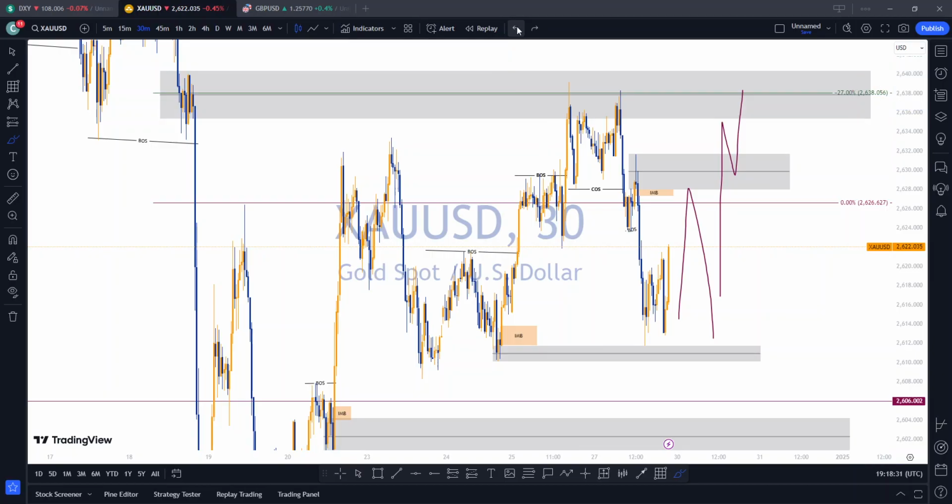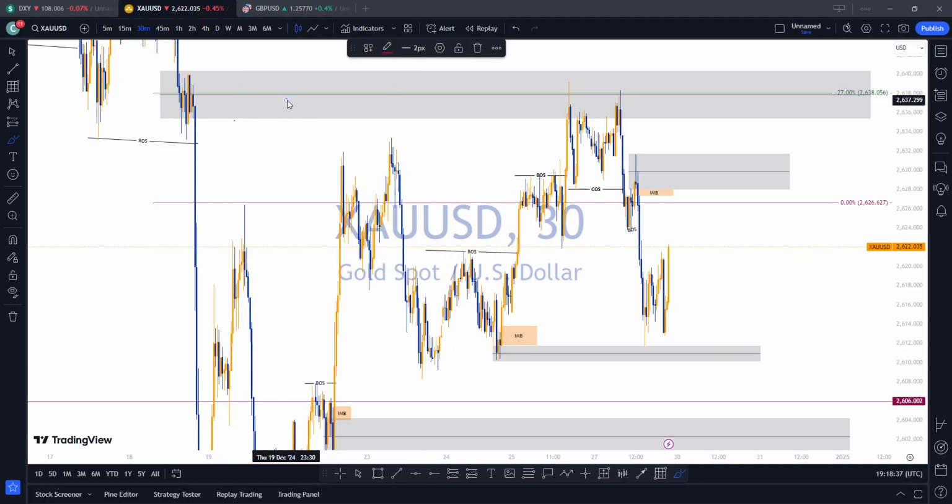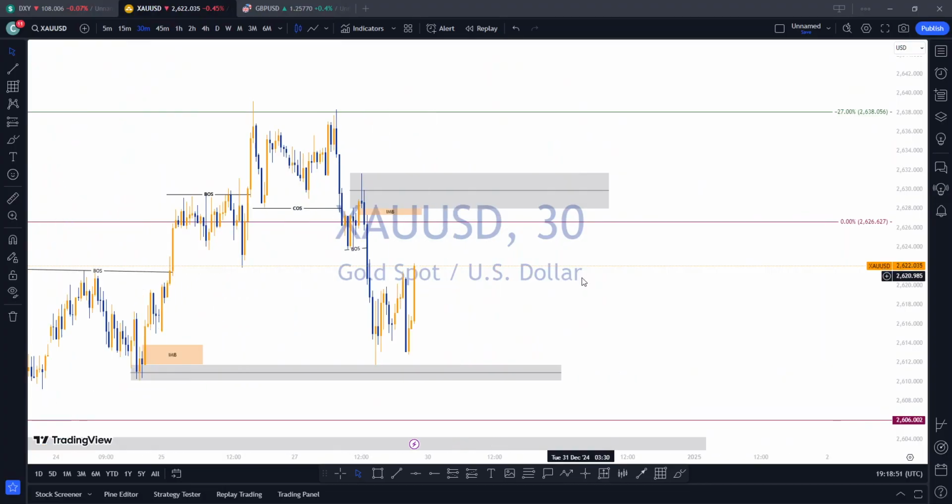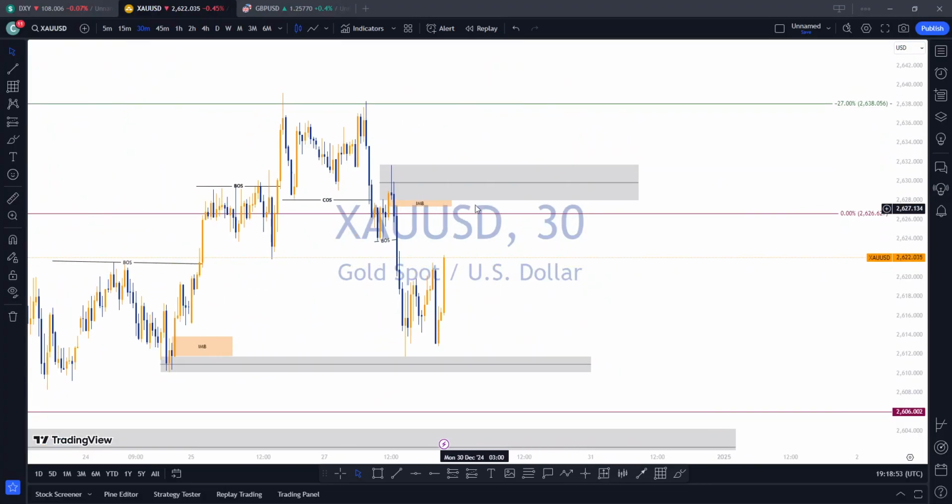So I think this has been validated, this right here. This order block area has been validated by this, so I'm gonna delete it. I don't want it to be too crowded. The next order block will definitely be this one right here.